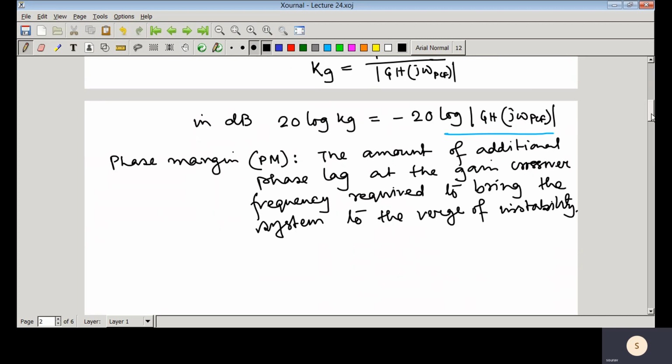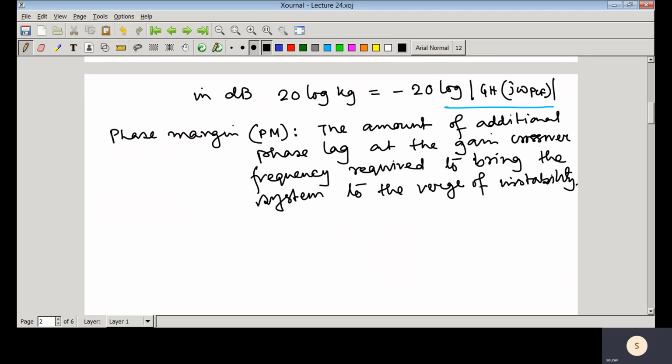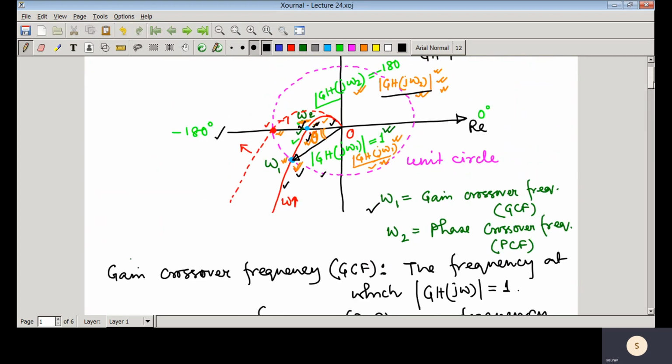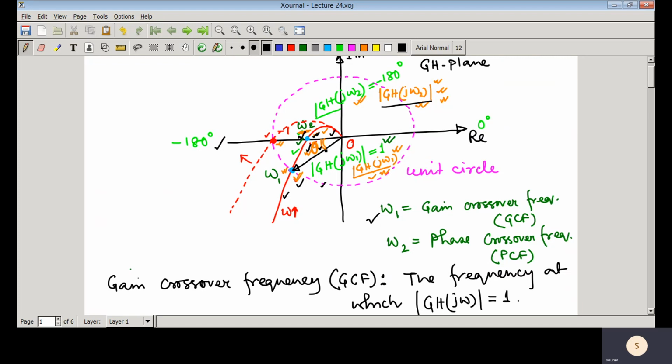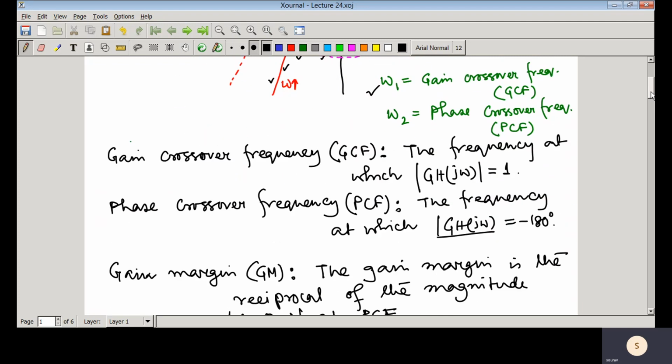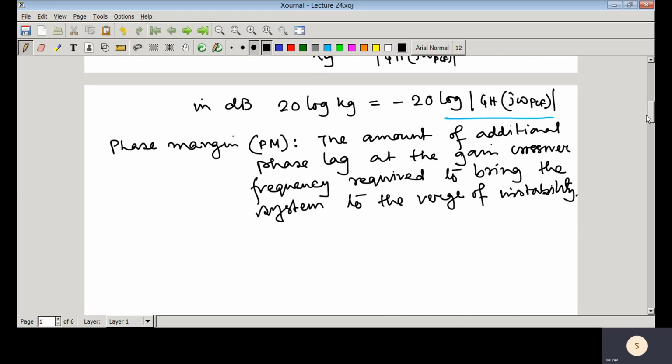So here we have seen that the amount of additional phase lag at the gain crossover frequency required to bring the system to the verge of instability. So here you can see this is that theta. That means if you add this theta at the gain crossover frequency, then this Nyquist plot would come to that critical point. That means it would be on the verge of instability. So this is called that phase margin.